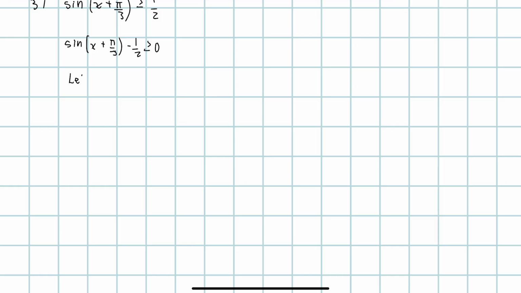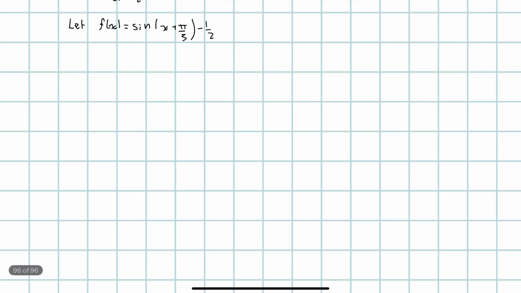So now we're going to let f of x equal sine of x plus pi over 3 minus 1/2. Now from this step, we can do sine of x plus pi over 3 equal to 1/2.